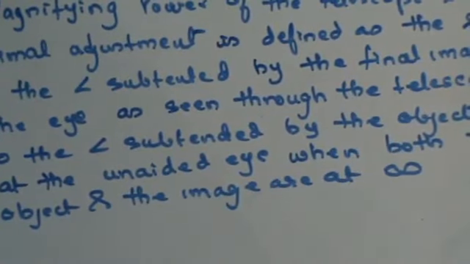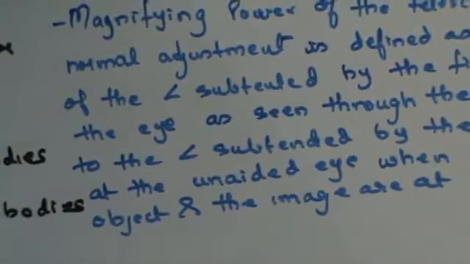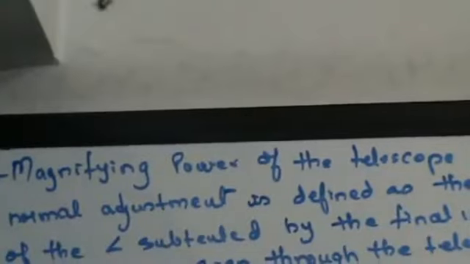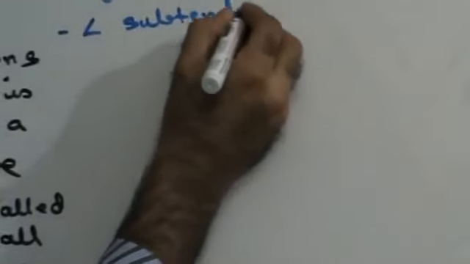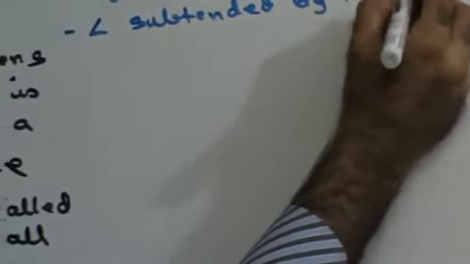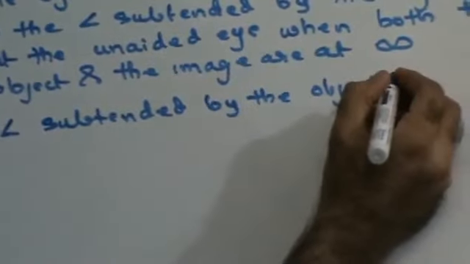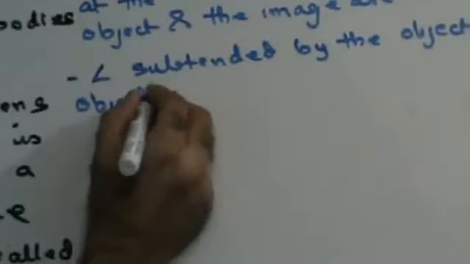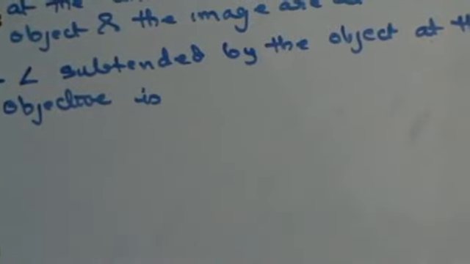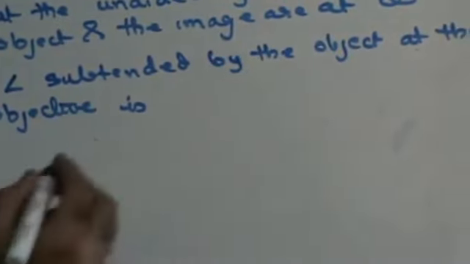So I can therefore say that the angle subtended by the object at the objective is angle A, which is going to be nothing but alpha, right?